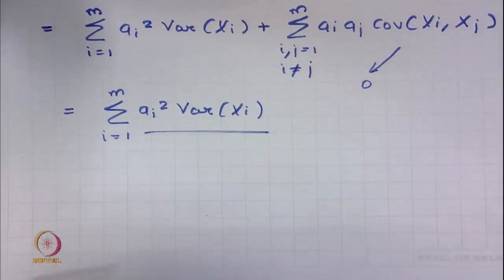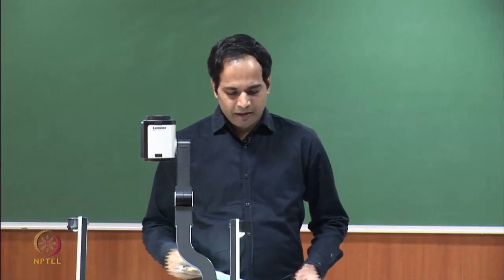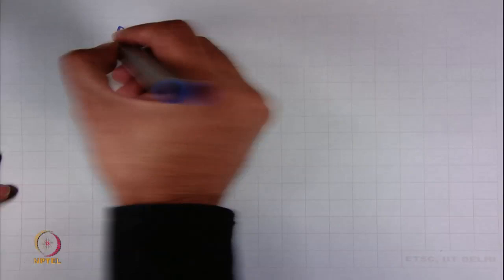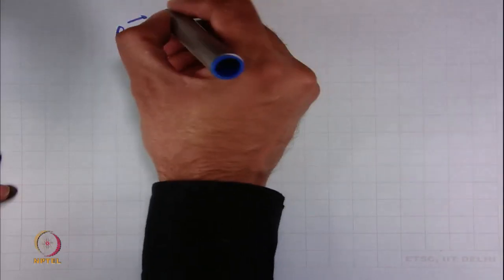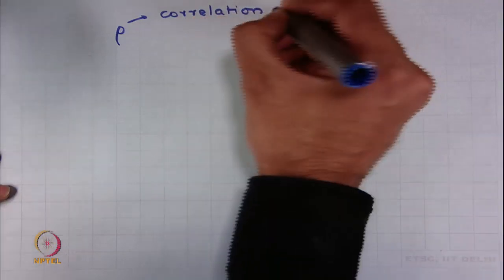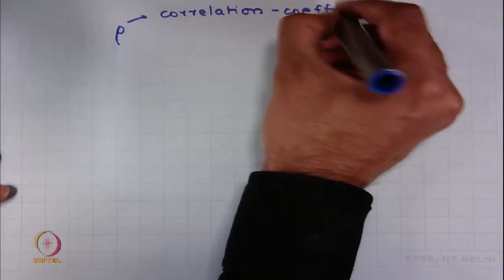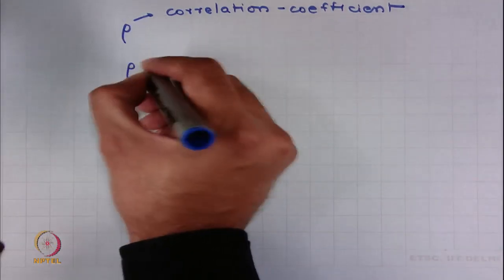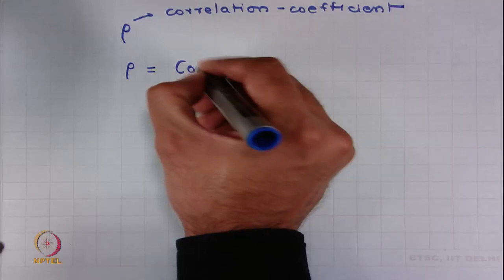Okay. Let us now look at another important concept, and that is about normalized variance, and we call this the correlation coefficient. First let me define this correlation coefficient.